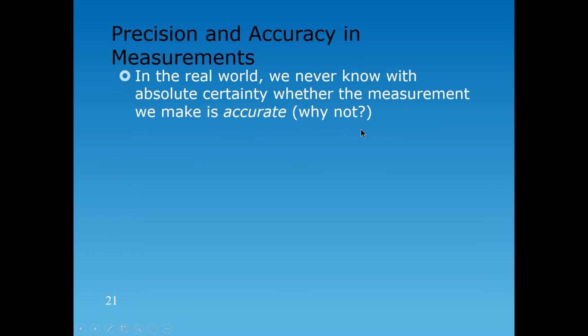All right, now, as stated here, we can never know with absolute certainty whether or not the measurement we make is accurate. So, right, 100% certainty in accuracy of measurements is simply not achievable. And it asks the question, why not?